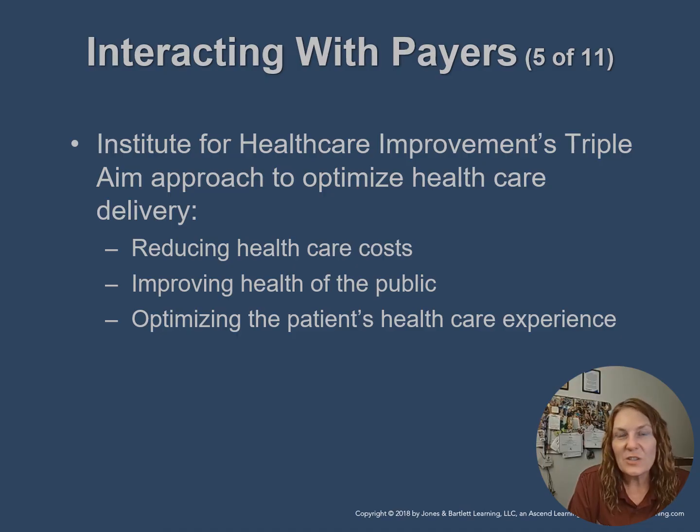Some of these changes to the payer system include creating organizations that better match the Centers for Medicare and Medicaid Services. These are transitions from fee for service to other forms of payment, such as value-based payments, reimbursement strategies used by payers to promote the quality and value of healthcare services.